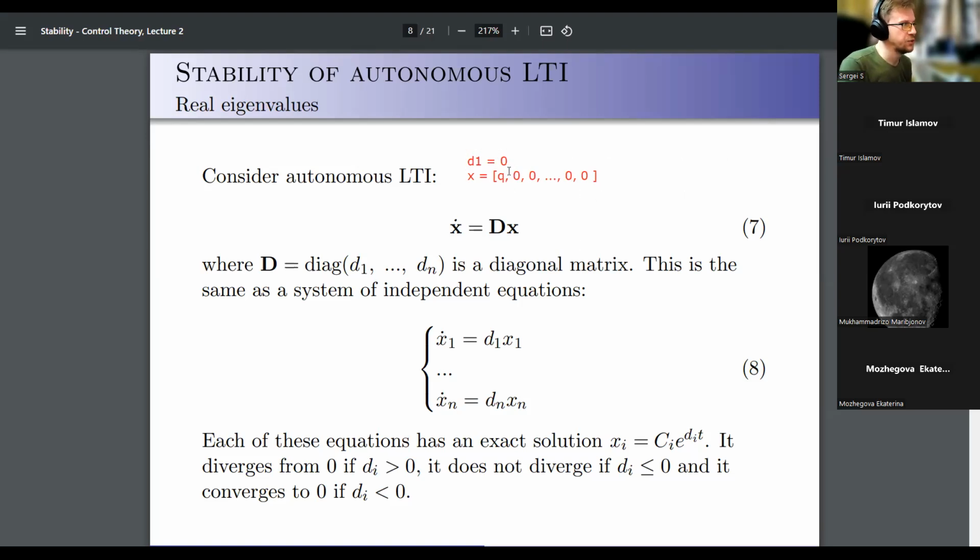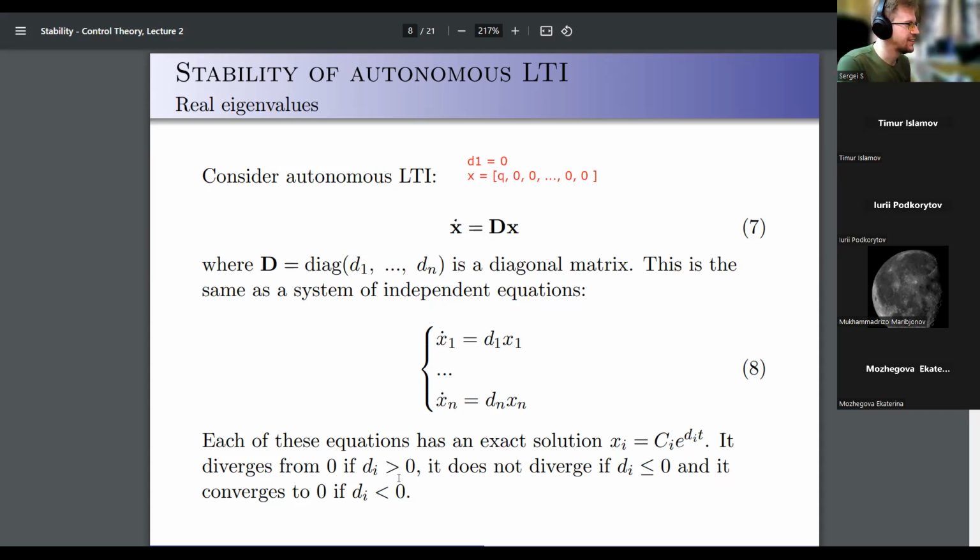So it doesn't matter what the first element is, because when you multiply it by this D matrix with 0 in the first diagonal entry, x dot is still going to be equal to exactly 0, right? So for a system where some element on the diagonal is 0, we have a whole family of nodes, of critical points. So we have not one critical point, we have many.